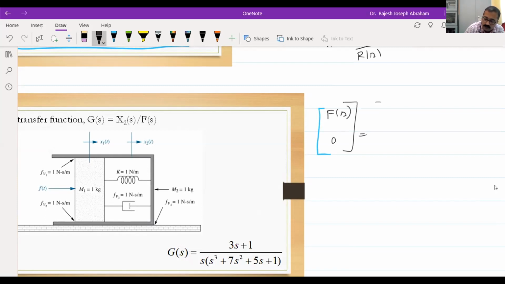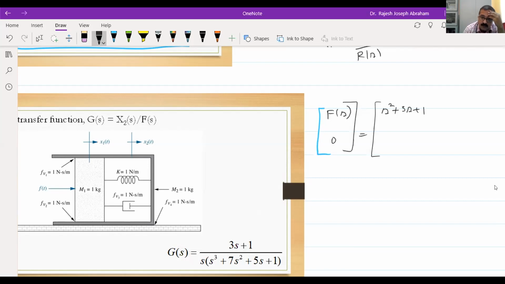So all entries including M1, it is 1 kg. That means s square plus, there's a dashpot here, s plus s plus s, 3s plus 1, s square plus 3s plus 1.